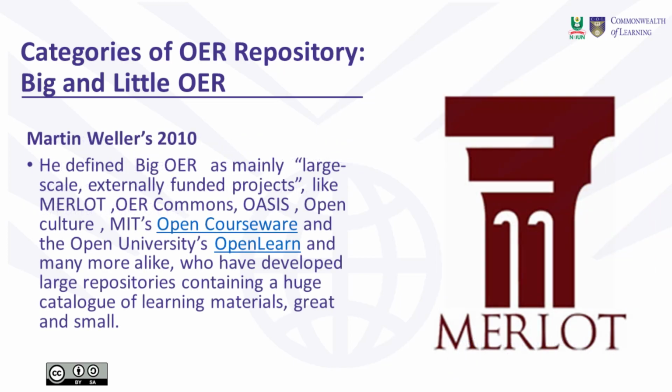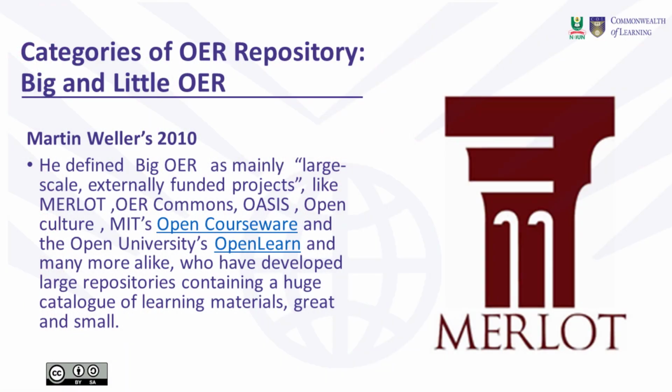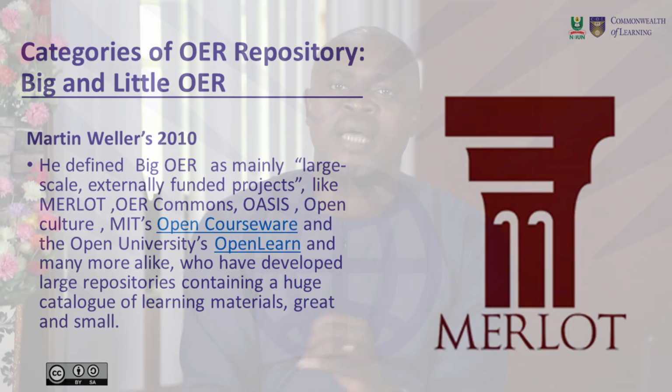He defined big OER as mainly large-scale externally funded projects like MELOT, OER Commons, OASIS, Open Culture, MIT OpenCourseWare, and the Open University's OpenLearn, and many more alike, who have developed large repositories containing a huge catalog of learning materials, great and small.